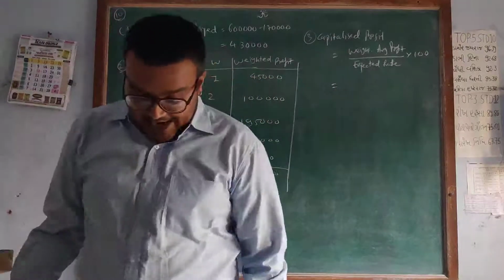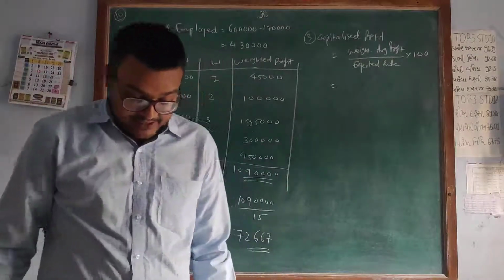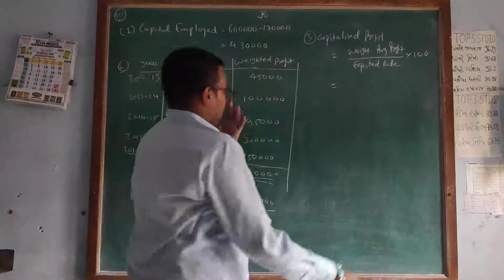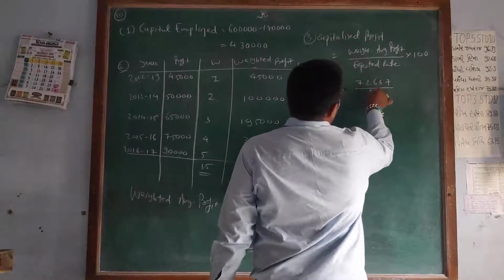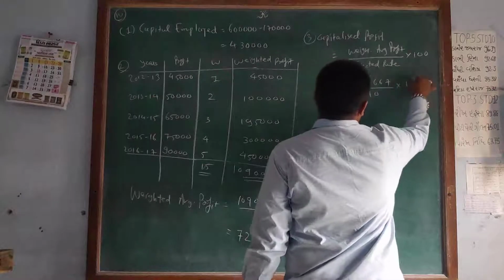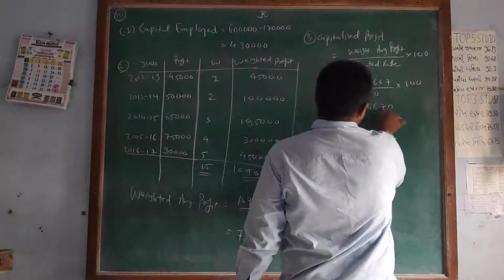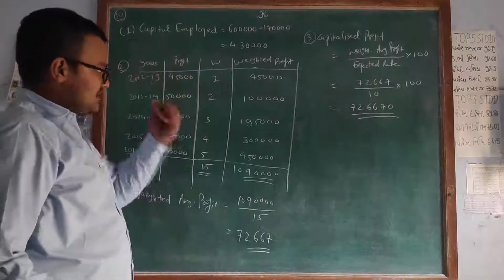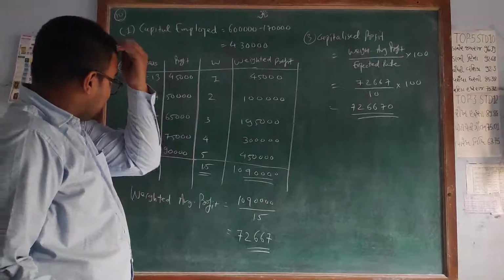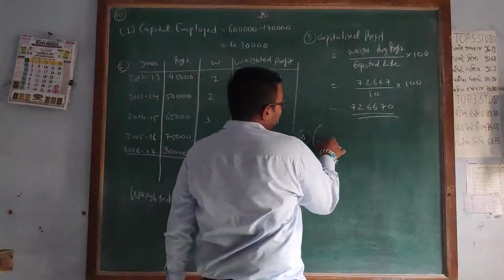What will be the expected rate of return? In sum number 10, the normal expected rate of business is 10%. So 72,667 upon 10 into 100. So the answer will be 7,26,670. Our capitalized profit will be 7,26,670.